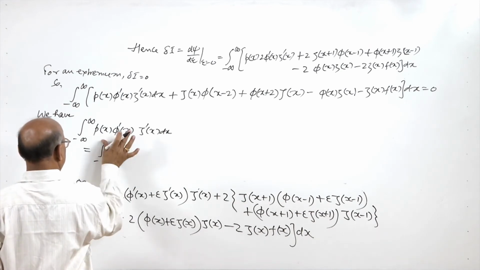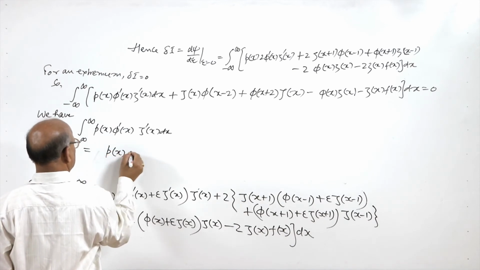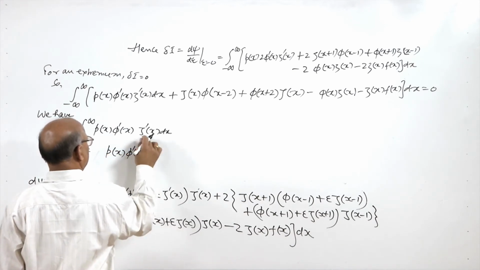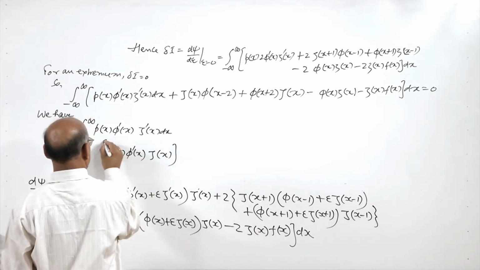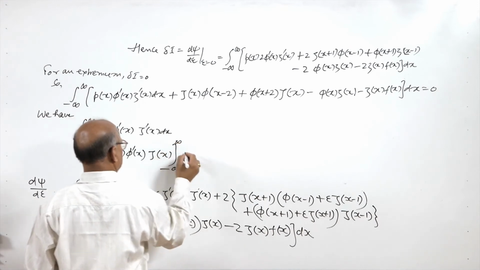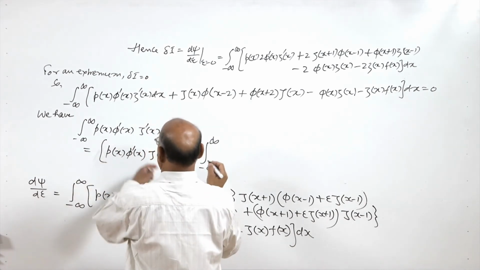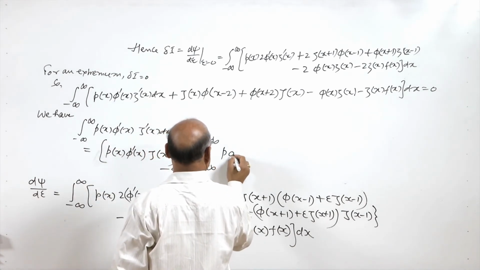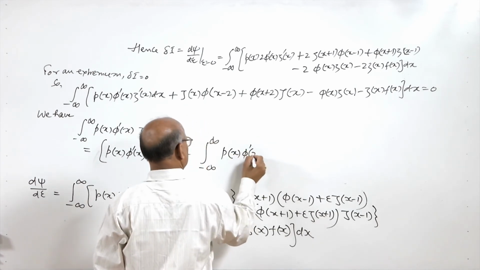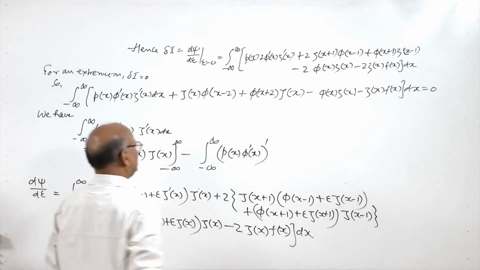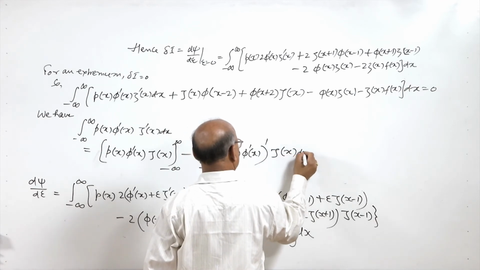So we have first function into integral of zeta dash x, which is zeta x, minus derivative of first function, p phi dash x, into zeta x dx.